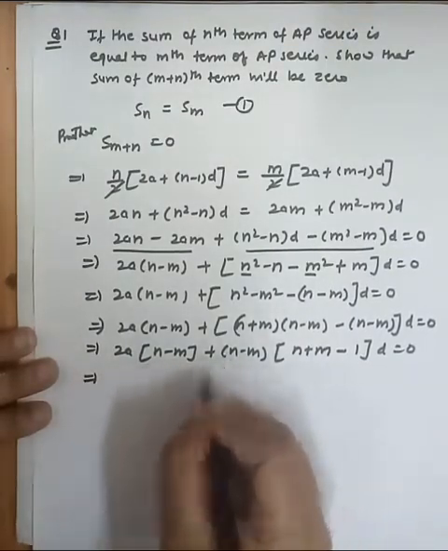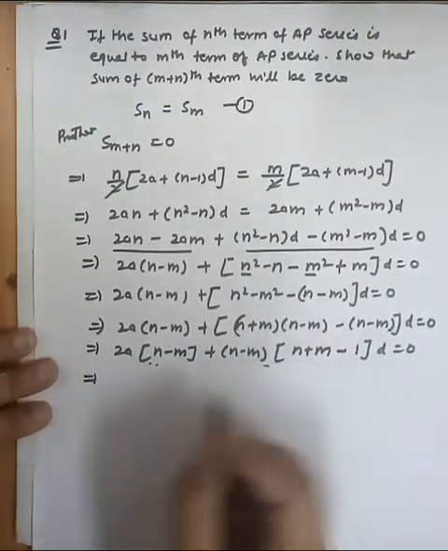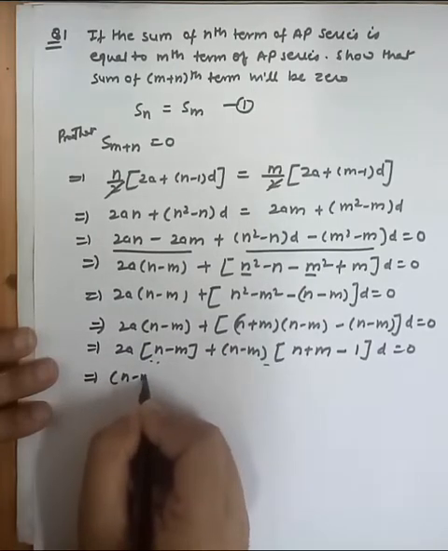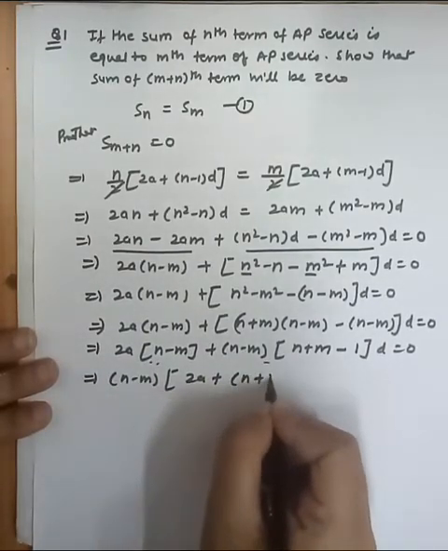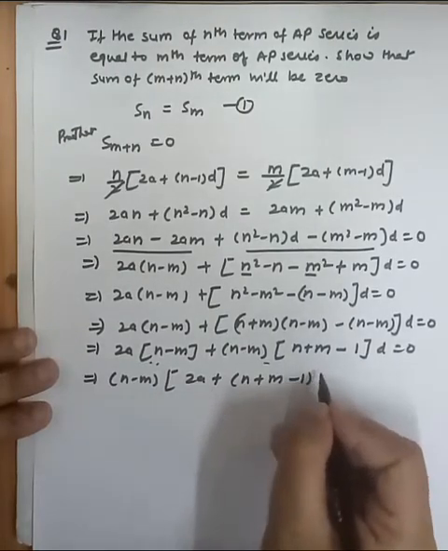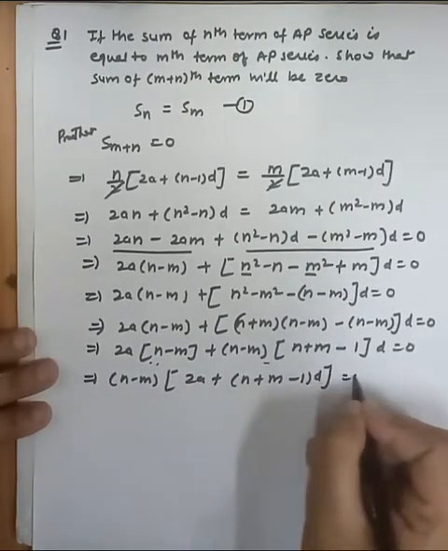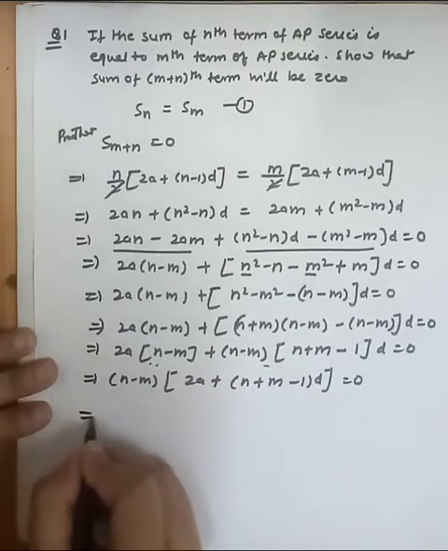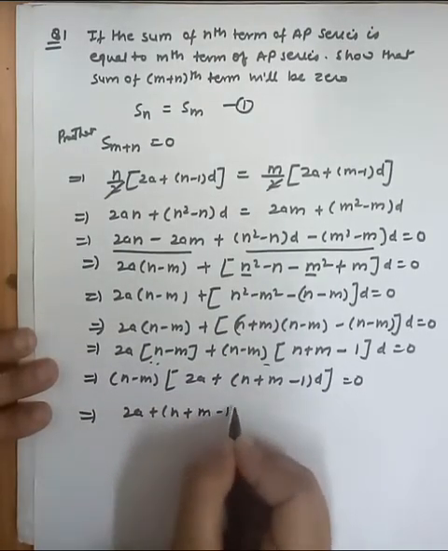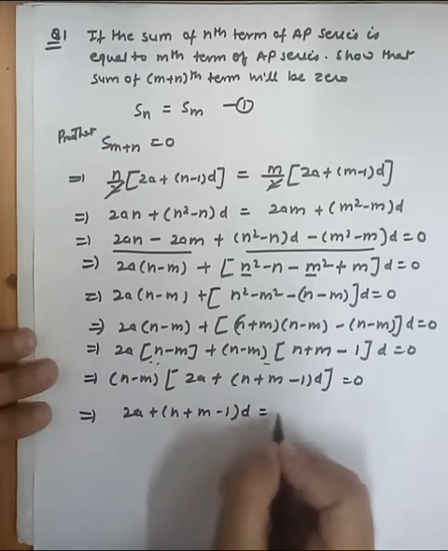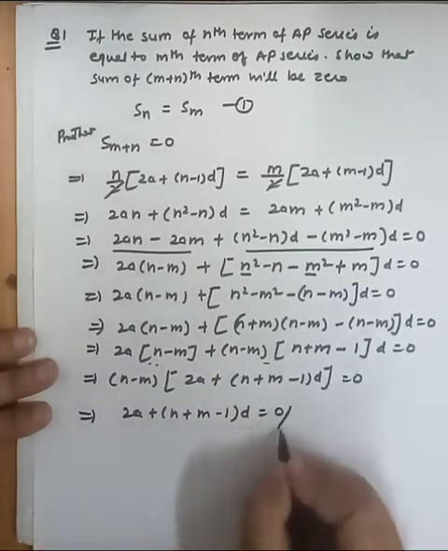Because you see n minus m in both expressions, you can take it outside, so we get this value equal to 0.